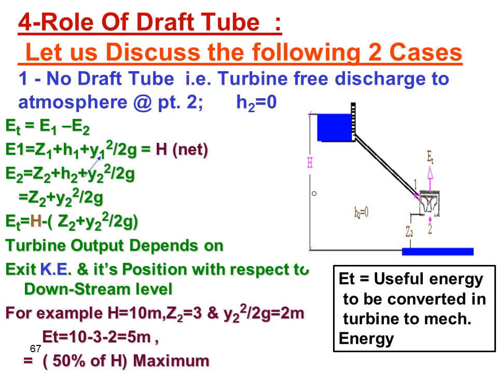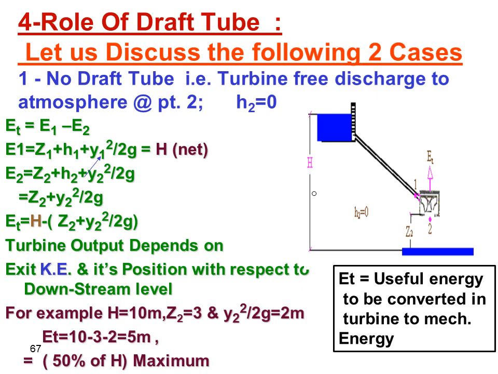We will take a numerical example. If we assume H equals 10 meters, Z2 equals 3 meters, and V2 square over twice g equals 2 meters, then if we substitute these values in the equation of E2, we find that E turbine equals 5 meters.